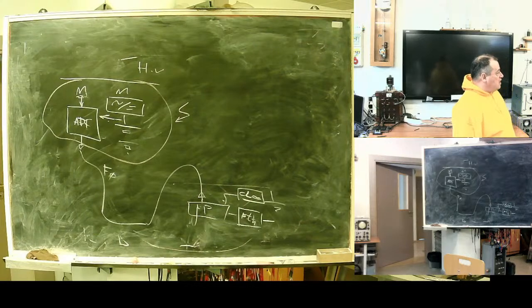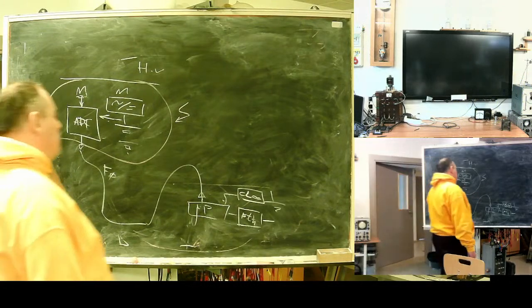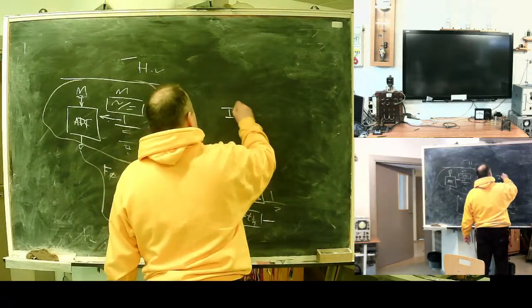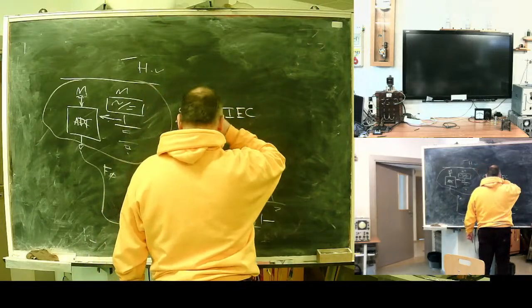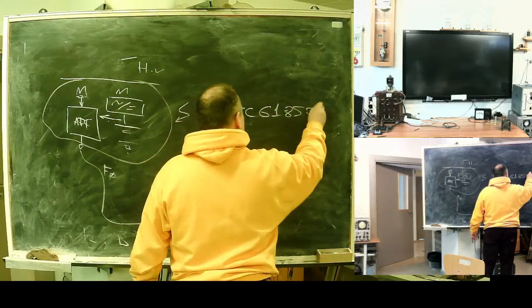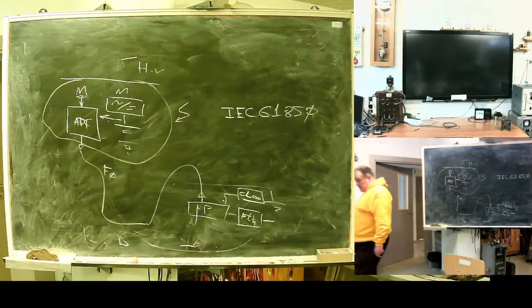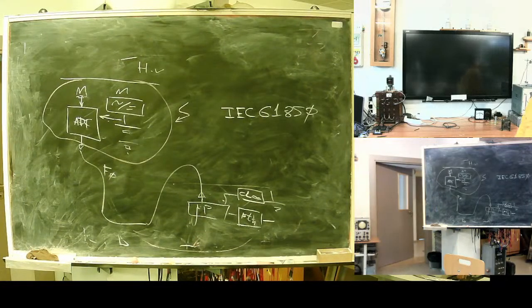current values. But this is not a true optical transformer. It's a good transformer for IEC 61850. It's for digital substation, but actually it's a current transformer, only with a good interface.